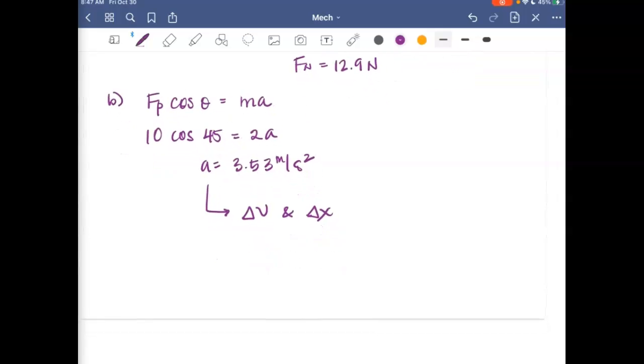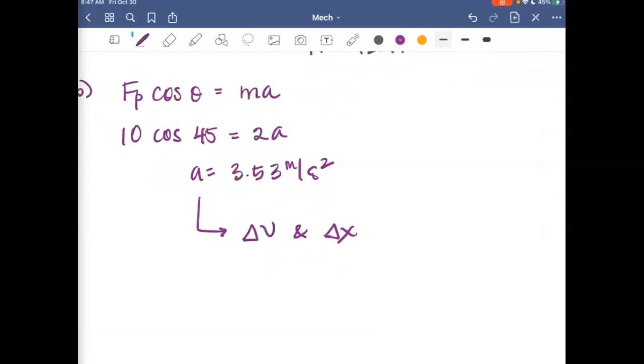So I can relate the change in velocity, the change in position, and the acceleration by going back to kinematics. There was v squared equals v initial squared plus 2 a delta x.